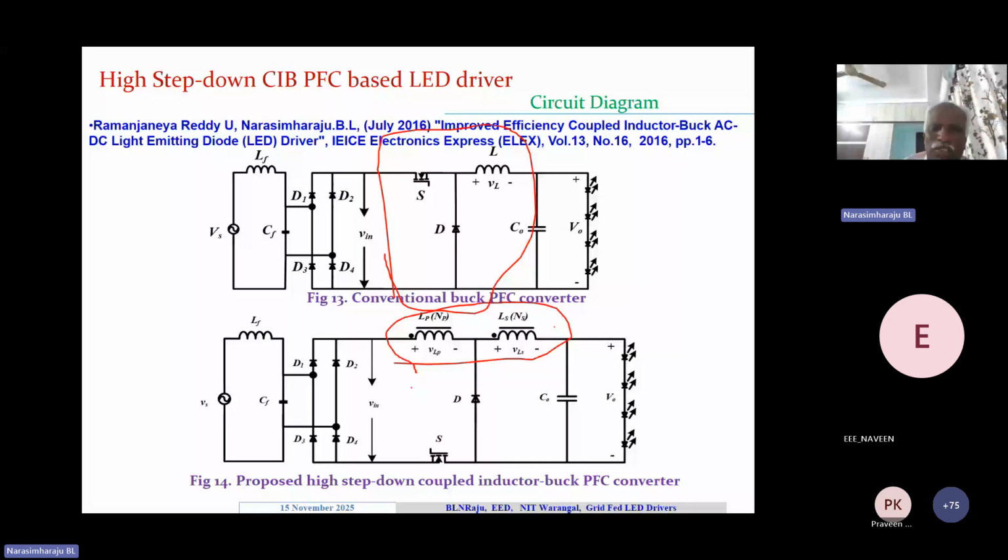That provides easy step down operation from the DC link voltage to the low voltage required to power the low voltage operating LED lamp. What is that improvement we can do?